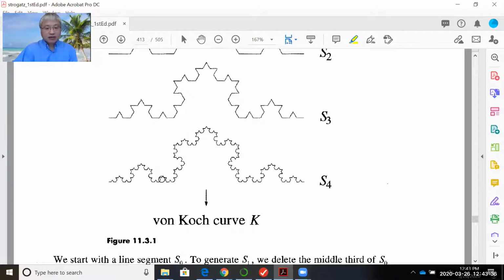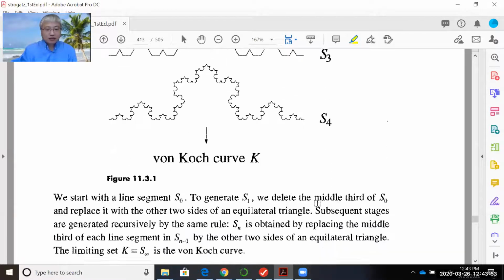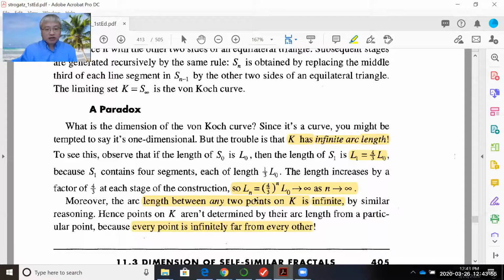So it is a line which occupies finite space dimension-wise, but its length is infinity as you keep going with the iterations. In fact, the length at the nth iteration is 4/3 to the nth power of L0. Now we can take L0 equal to whatever number, but L0 can be taken equal to 1, right?